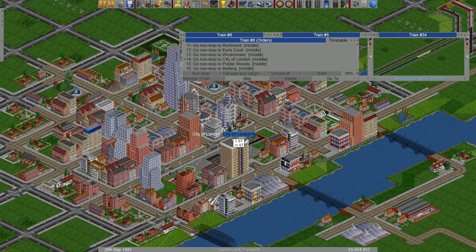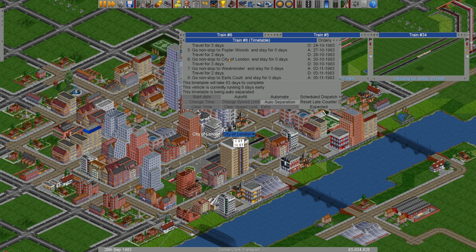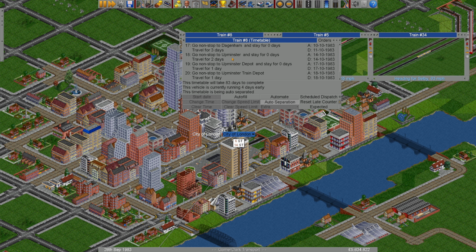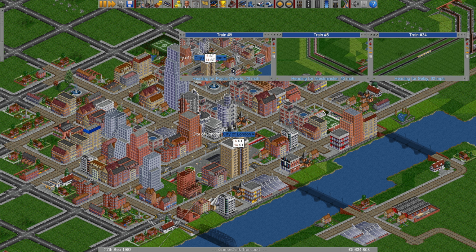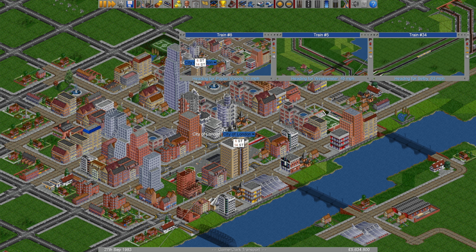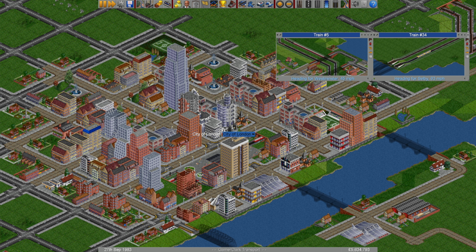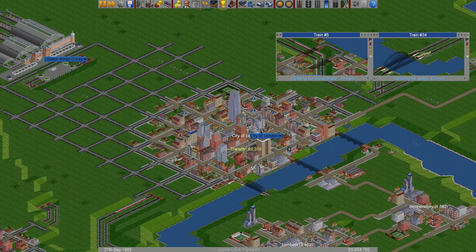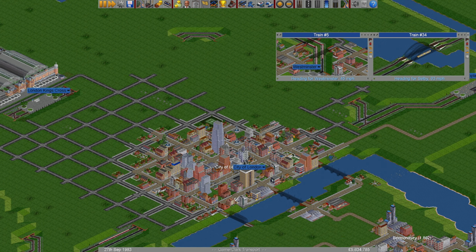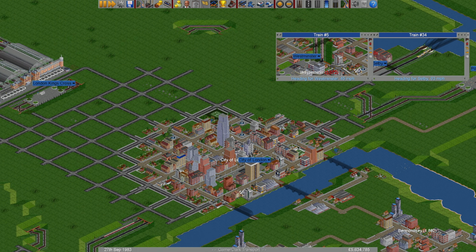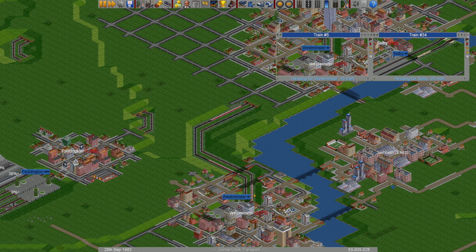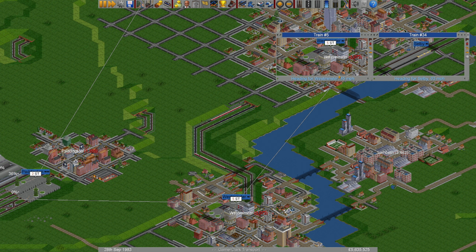Where's that one going? So that's set to stay for 0 days, so it should be in and out really quickly. Doesn't look like that's happening though, does it? So that's the Westminster one.